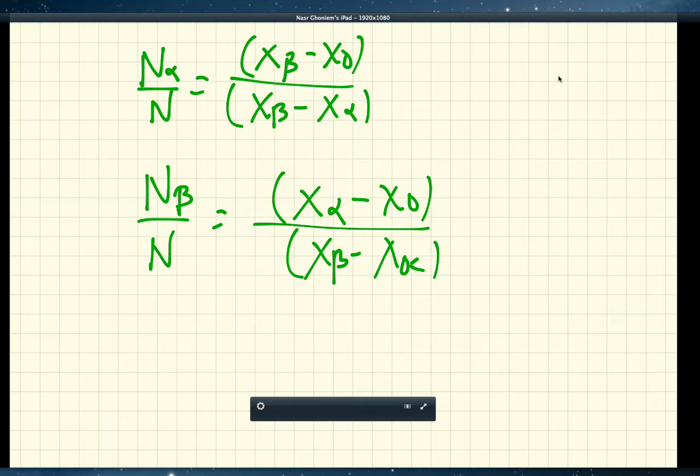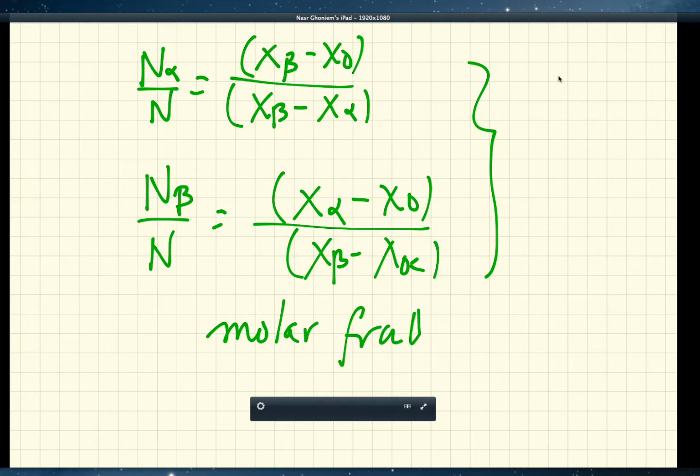And note that everything here is in molar fractions. So we have to be careful that all of the quantities that enter here are in molar fractions.